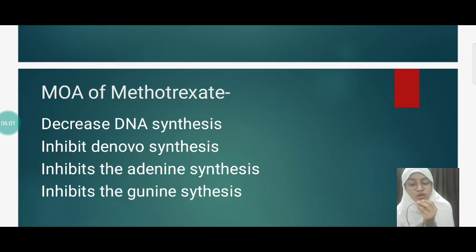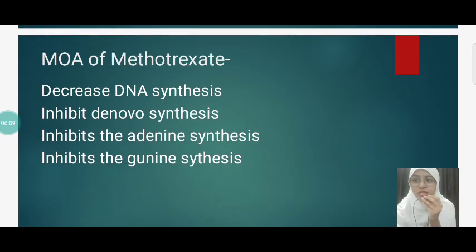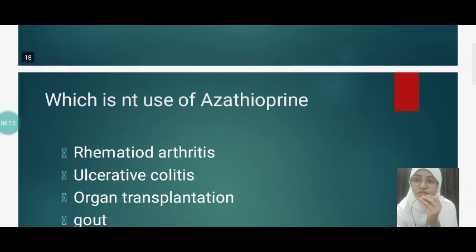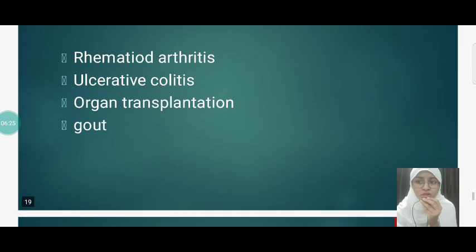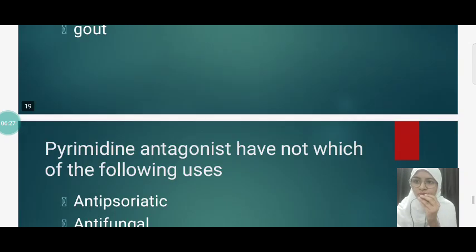We already know methotrexate acts by decreasing the DNA synthesis, so option A is right. Which is not a use of azathioprine? Azathioprine is used in rheumatoid arthritis, ulcerative colitis, organ transplantation, but it is not used in gout.